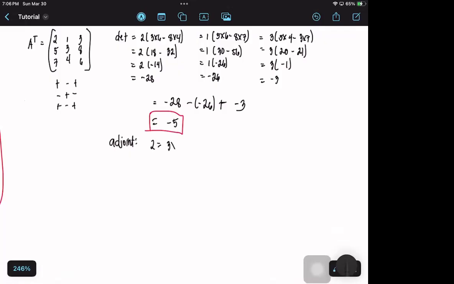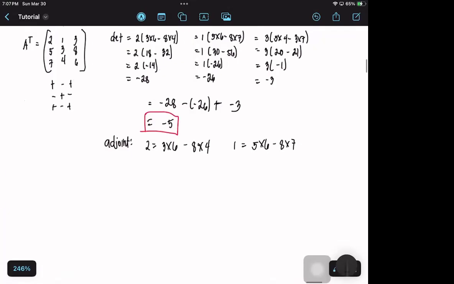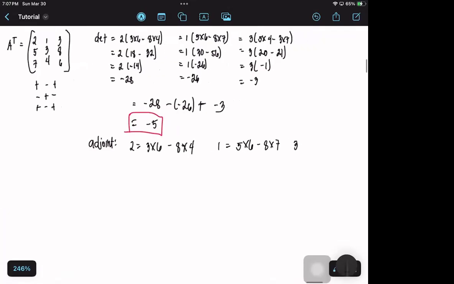It becomes 3 times 6 minus 8 times 4. For the 1, it becomes 5 times 6 minus 8 times 7. Then for the 3, it becomes 5 times 4 minus 3 times 7.